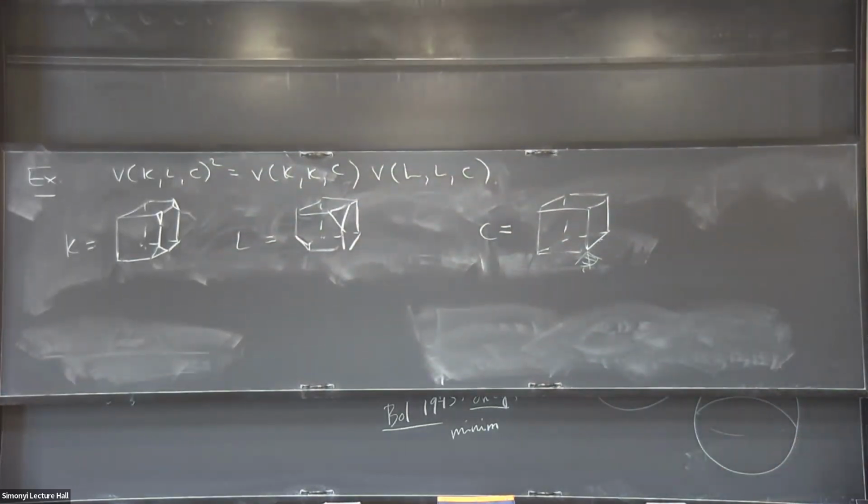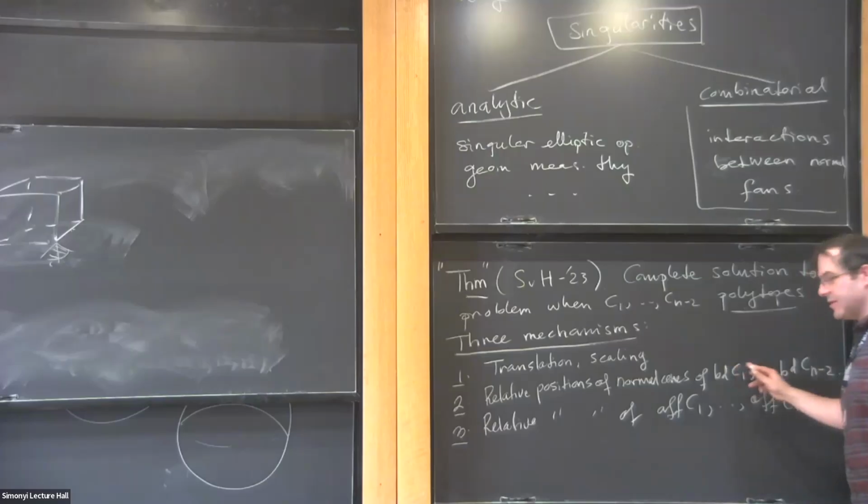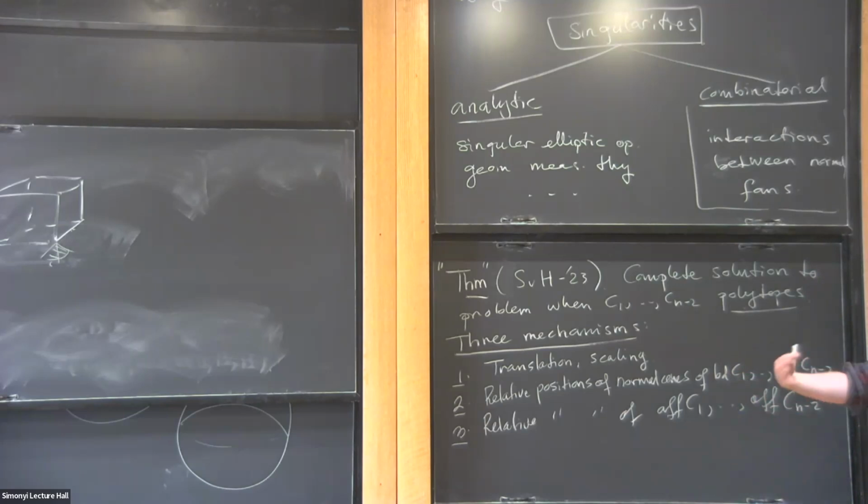Now, what happens in general is that I have n minus 2 bodies. Those n minus 2 bodies collectively determine a set of directions which are good directions and bad directions. It depends on the relative positions of the normal cones. I pick a direction u, and I look at the normal cones of each of these bodies that contain the direction u.